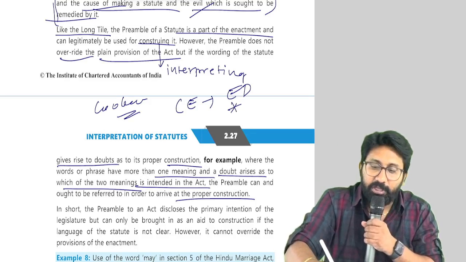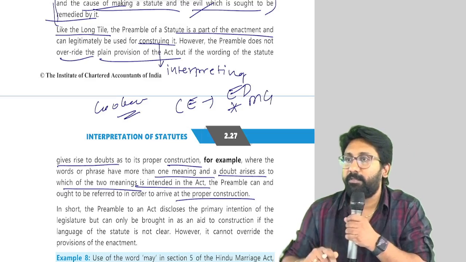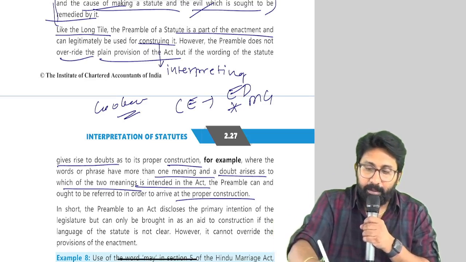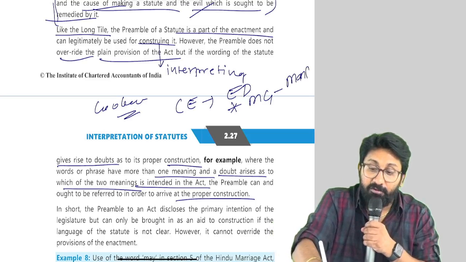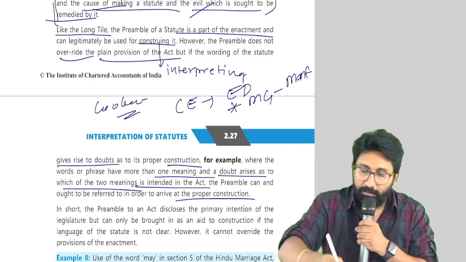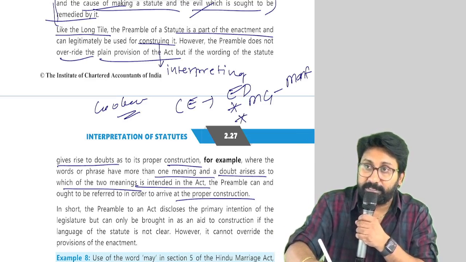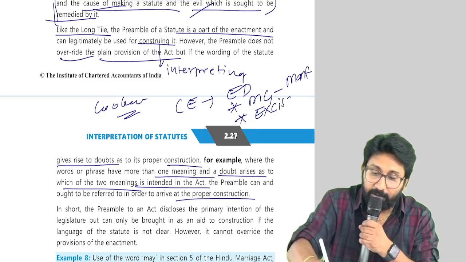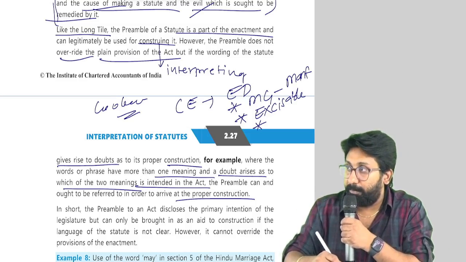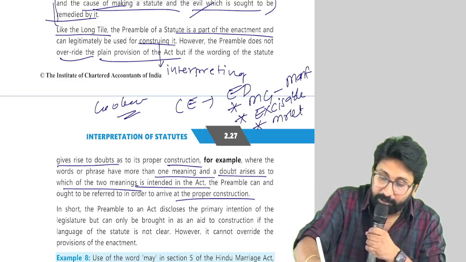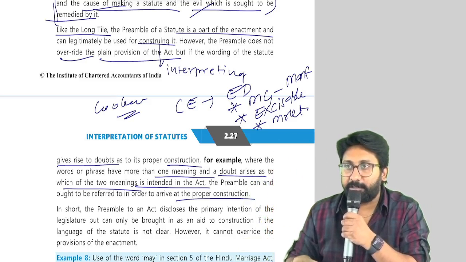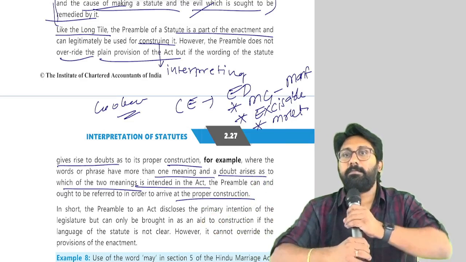Number one, there should be manufacture of movable goods. Second, those goods must be excisable. And third, they should be marketable. If all conditions are satisfied, excise duty will be levied on that.